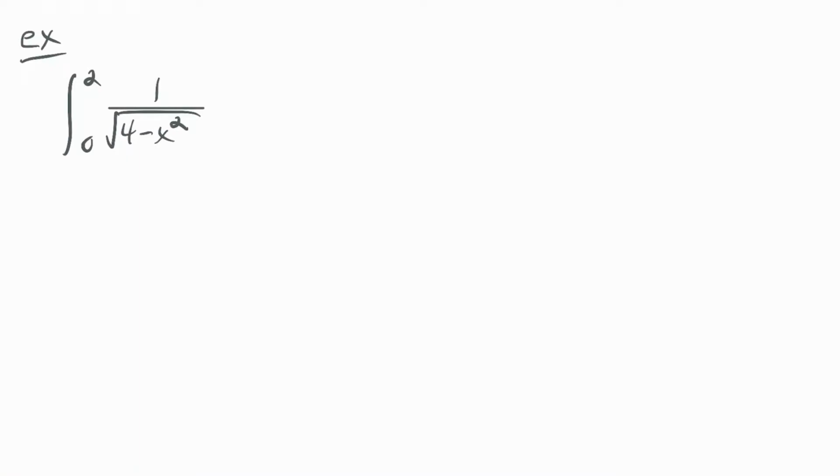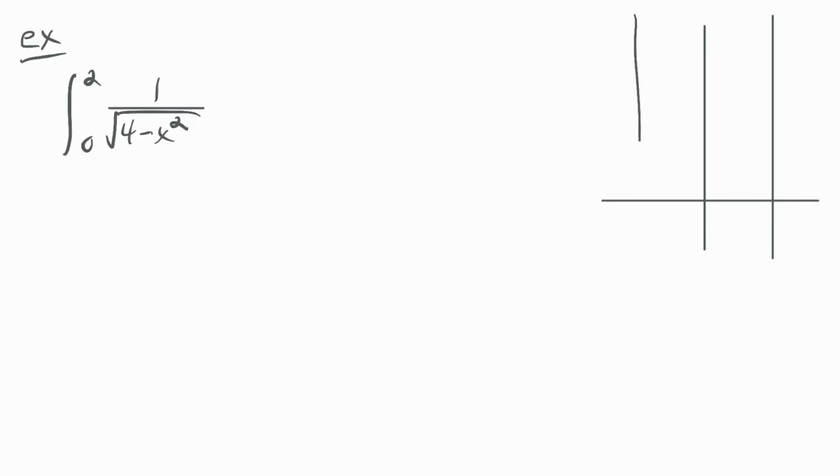Okay, next example. This is a type 2 example where we have an asymptote. If you plug in 2 into the function, you get 4 minus 4 on the bottom, you get 0. So that doesn't work. The graph of this, I'll do a quick sketch, not meaning to be super accurate, but roughly. If you think about the denominator on its own, it would be a semicircle, the top half of a circle, if you graph y equals the square root of 4 minus x squared.